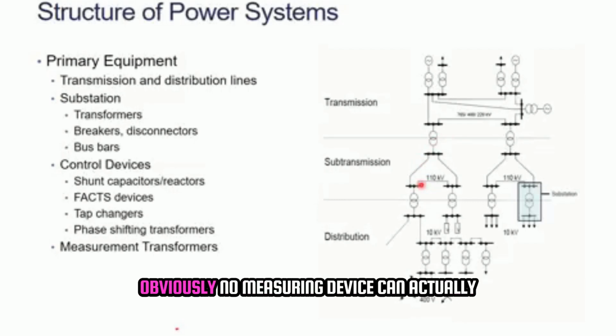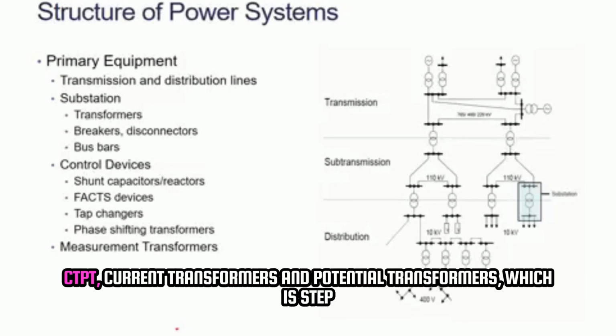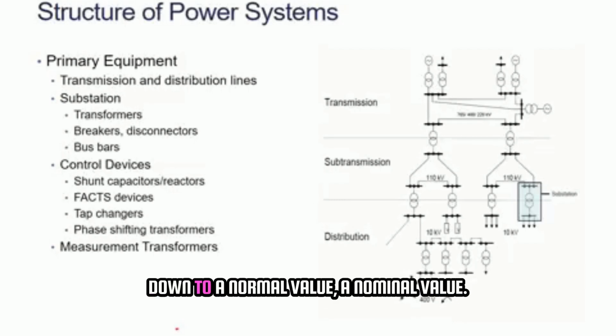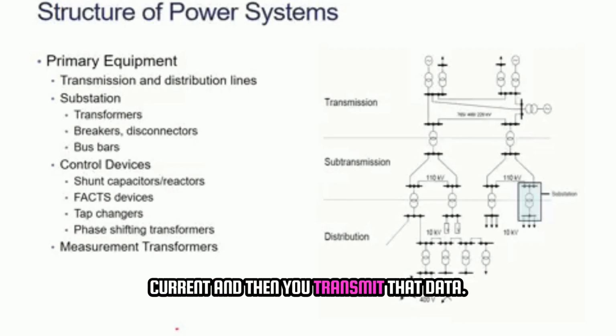Obviously no measuring device can measure that 500 to 600 ampere directly. So you have measurement transformers, known as CTPT, current transformers and potential transformers, which step down to a nominal value, and there you connect all these measuring devices which measure the value of voltage and current, and then you transmit that data. So this is the basic idea of how a power system looks like.